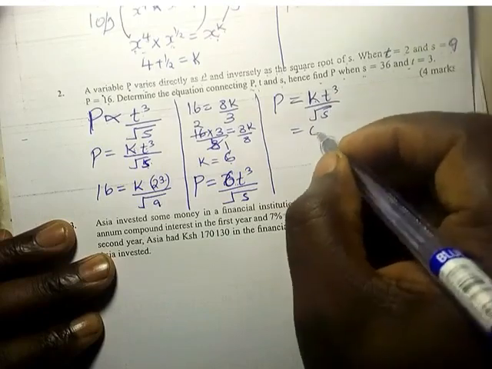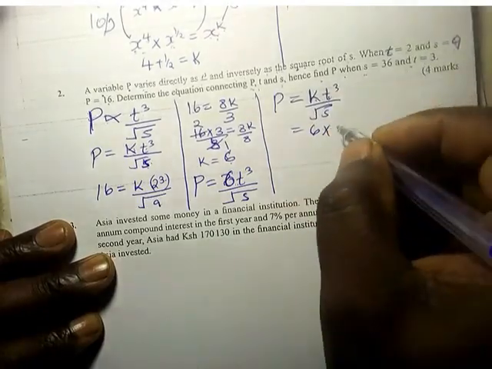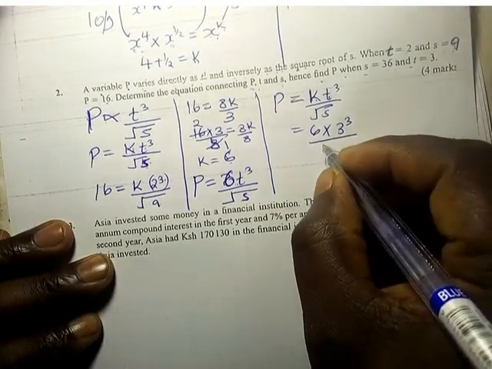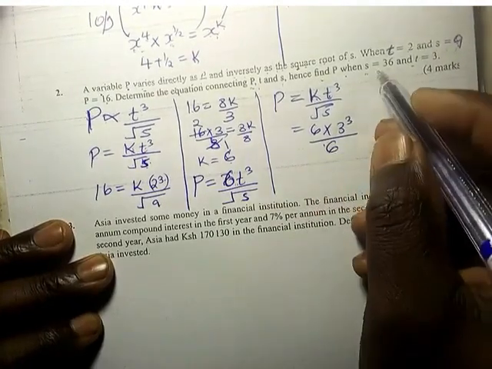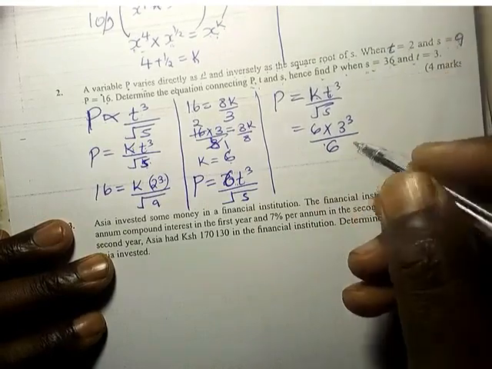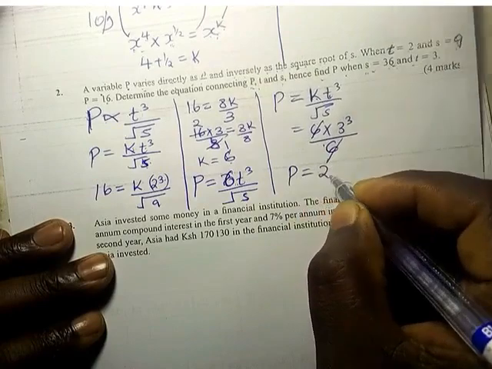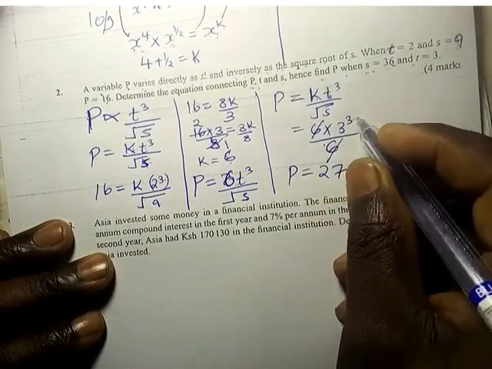We substitute k, so we have 6 times 3 cube divided by the square root of 36, which is 6. So the 6 and 6 cancel, which means p will be 27, since 3 cube is 27.